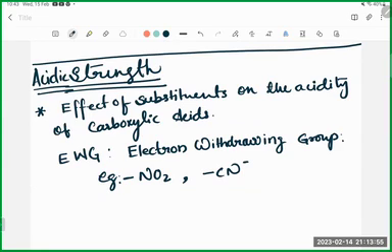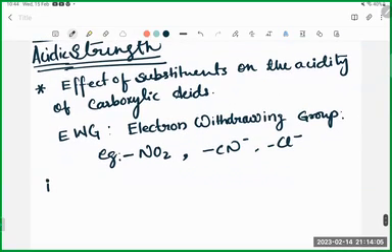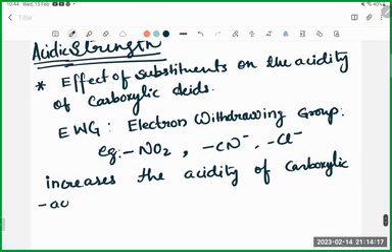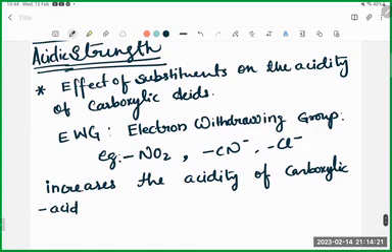Clear? Yes. Halides are also electron withdrawing groups. So what do these groups do? These groups increase the acidity of carboxylic acid. So basically we are comparing with the other compounds, by stabilizing.